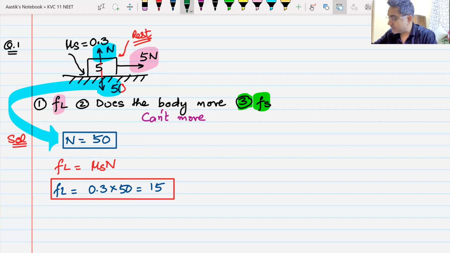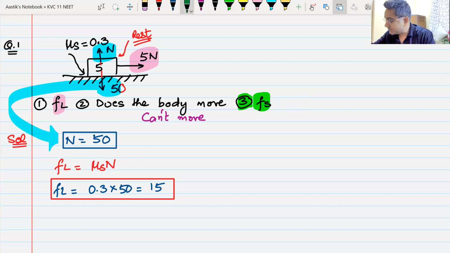The value of static friction would be 5 newtons. Very nicely said. And it is less than the limiting friction. So because the applied force was less than the limiting friction, the body could not move, and hence the body remains at rest.